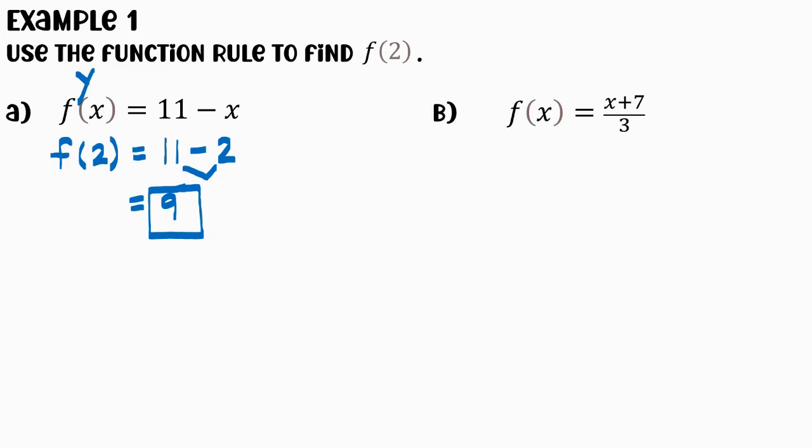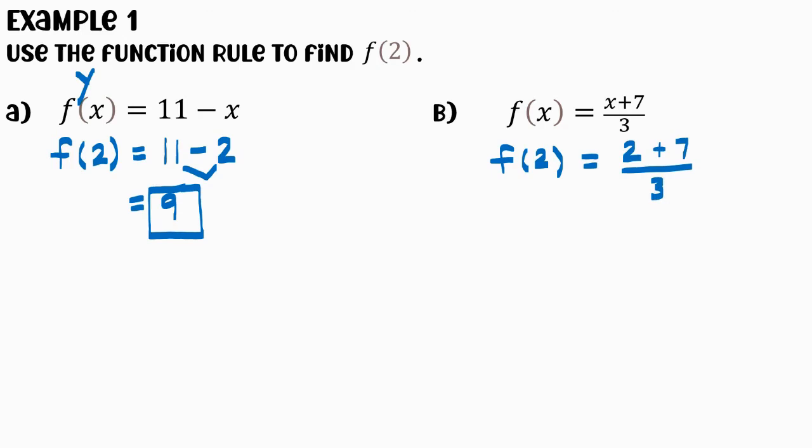Okay, in B, we have f of x equals x plus 7 over 3. So again, x equals 2 for this problem. So I'm going to write f of 2 equals, and then I'm going to replace that x with a 2, plus 7, over 3.